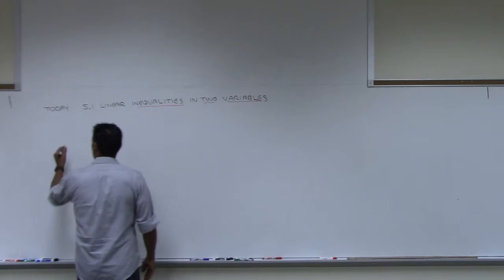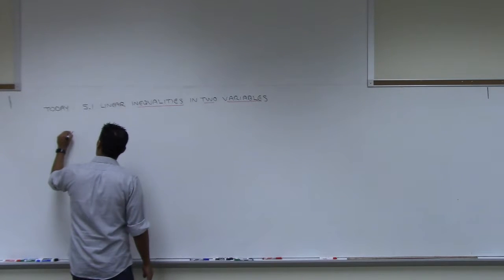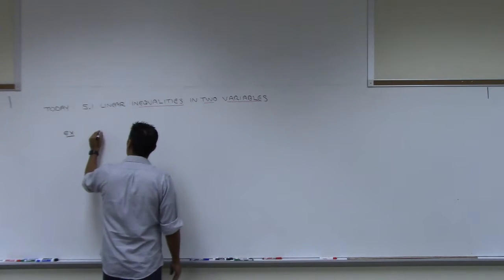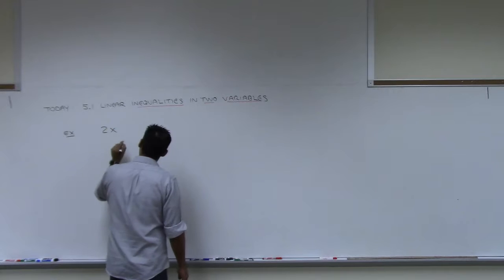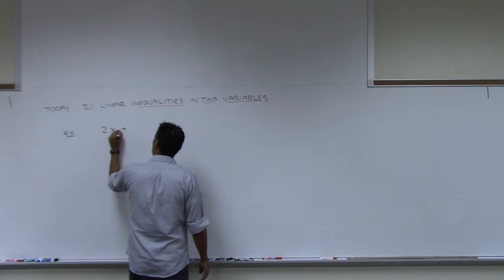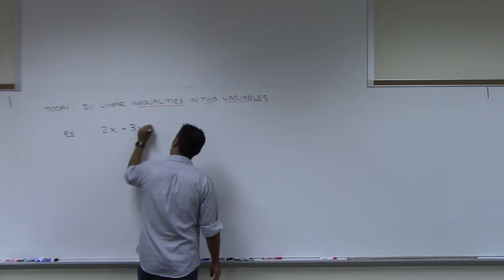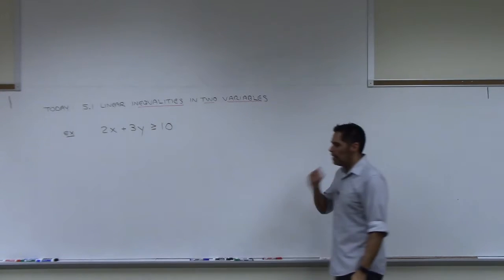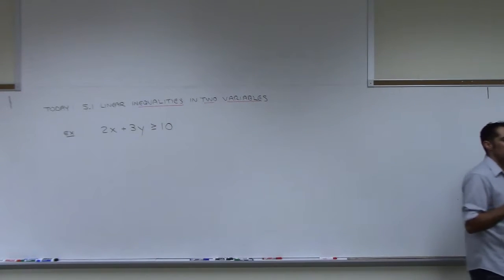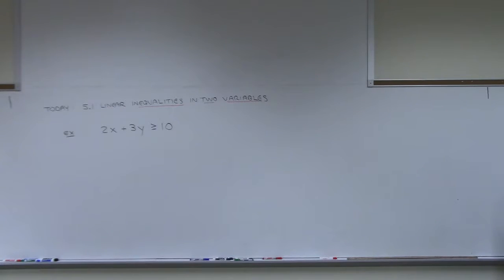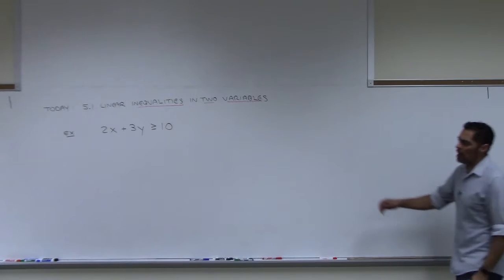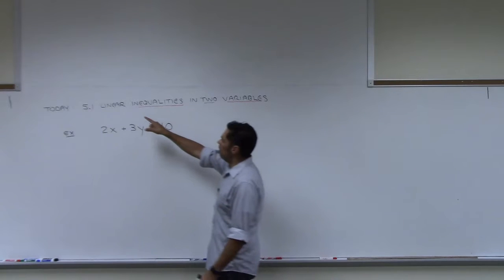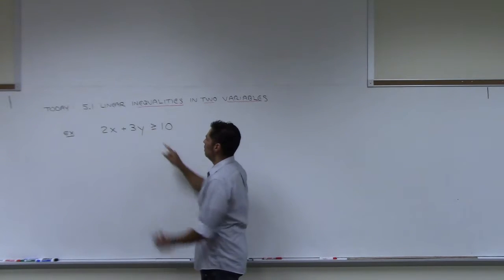So we're going to start out with an example, because I'm hoping with an example you'll be able to see kind of what the answers are going to look like here. Okay, I would like for somebody to give me an x and a y that will satisfy this inequality. Do we all recognize that this is a linear inequality?